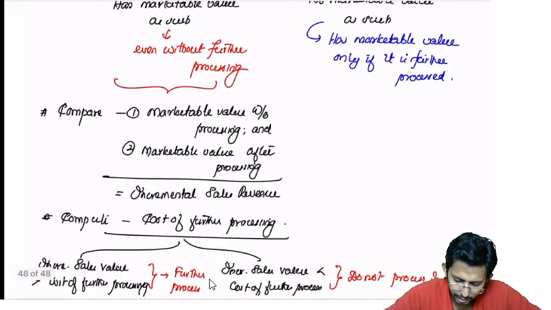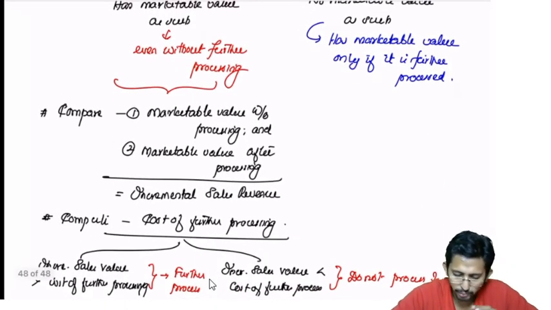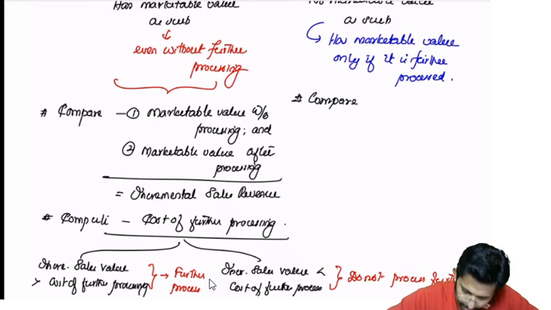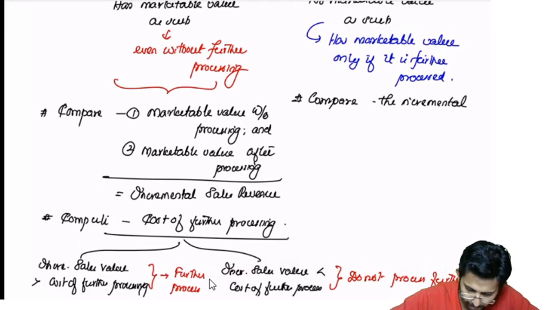Now here, if there is no market value at the time of without any further process, then what do you have to do? Compare the incremental sales revenue. What is this incremental sales revenue?